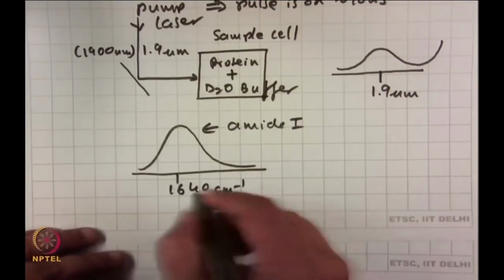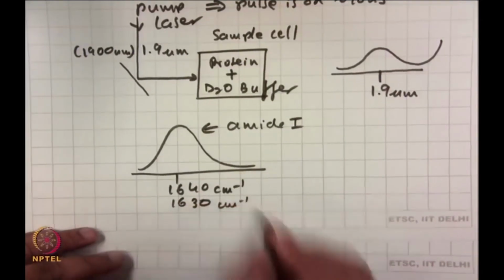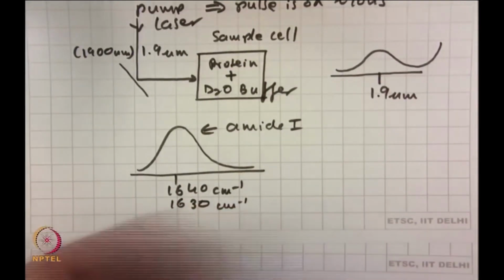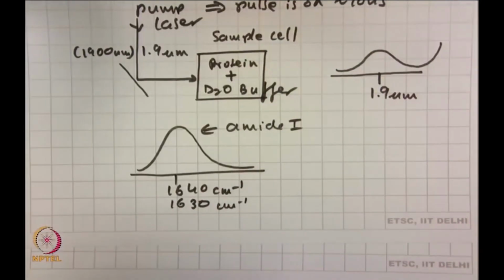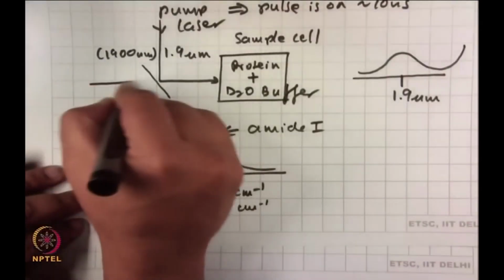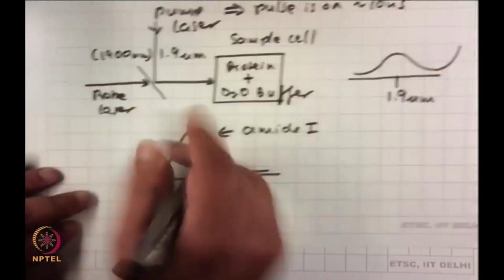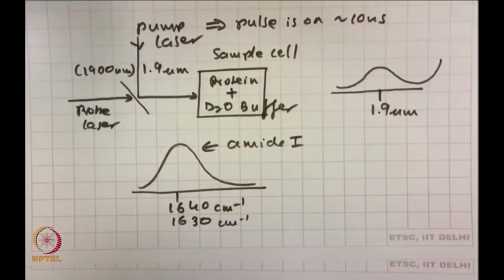You can write 1640, 1630, either way is fine. Now, remember there was another laser. What was that laser? That laser was the probe laser. Okay. So, the probe laser was coming from this side.